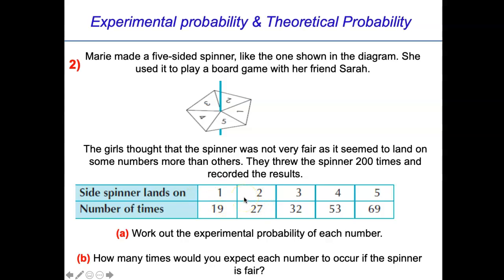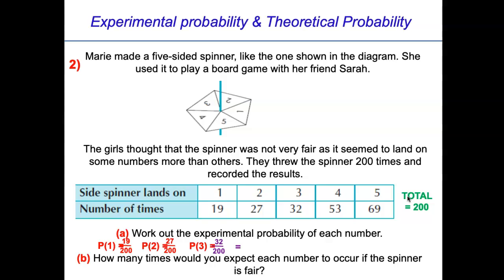The probability of landing on 1 is, oh, by the way, the total trials is 200. So 1 happened 19 times, so 19 out of 200. For 2 it's 27 out of 200. For 3 it's 32 out of 200.